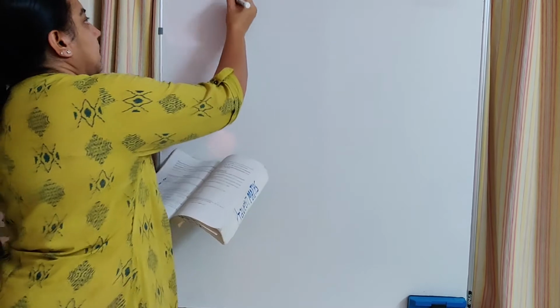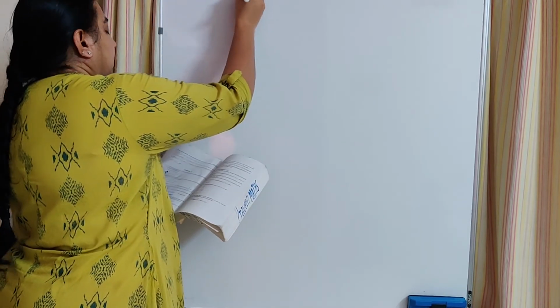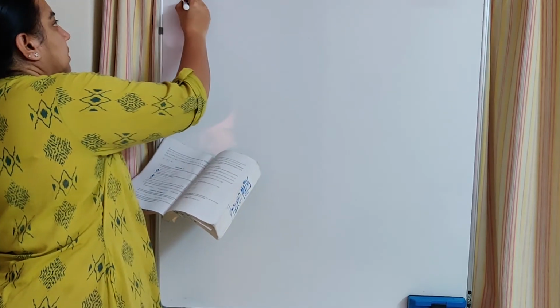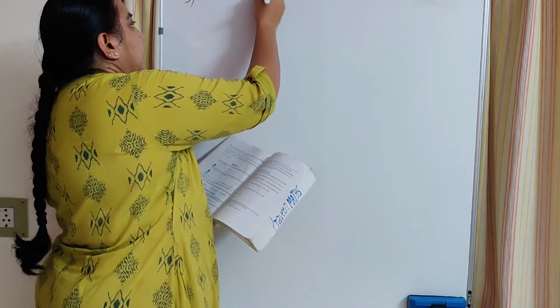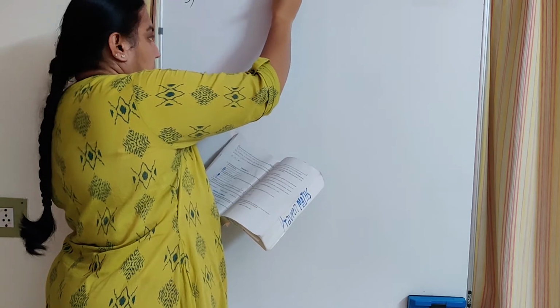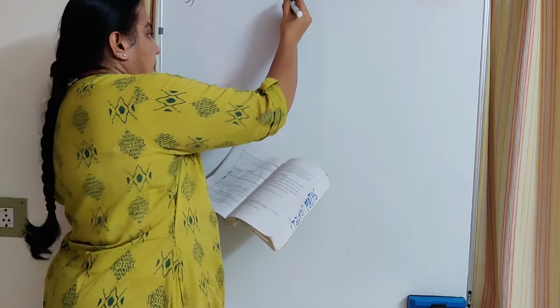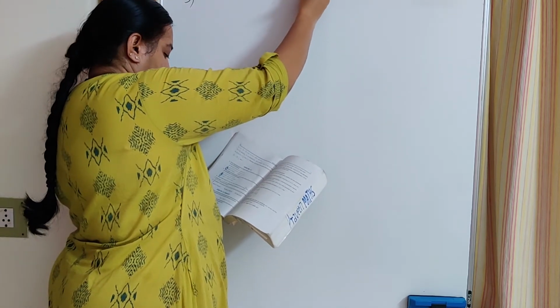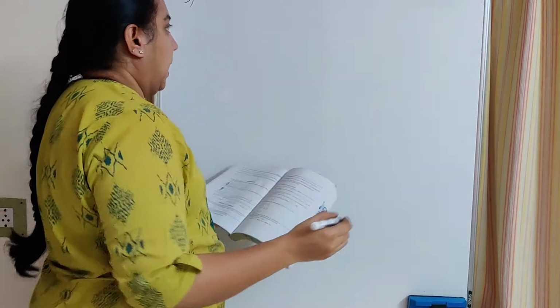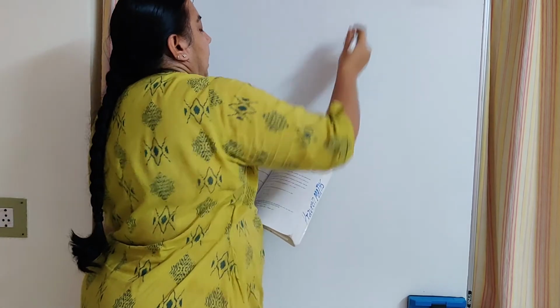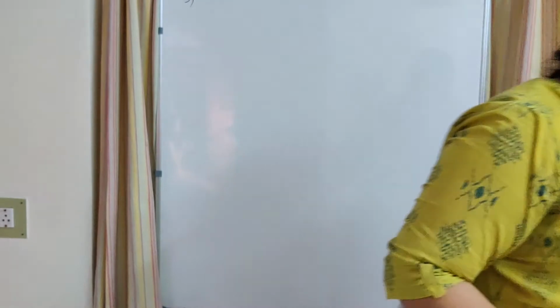The given polynomial is 3x power 4 plus 6x power 3 minus 2x square minus 10x minus 5, the third sum in this exercise. And they have given two zeros of this polynomial.